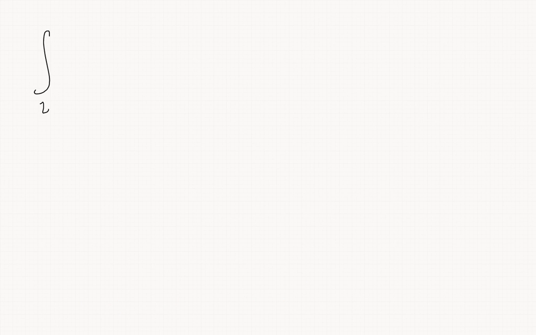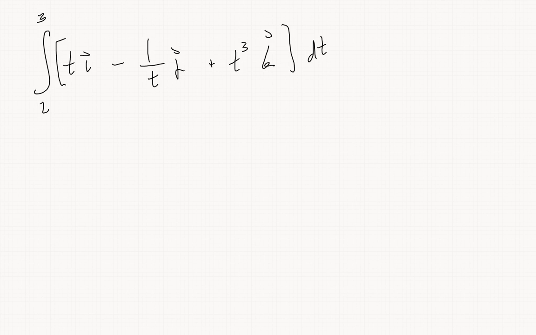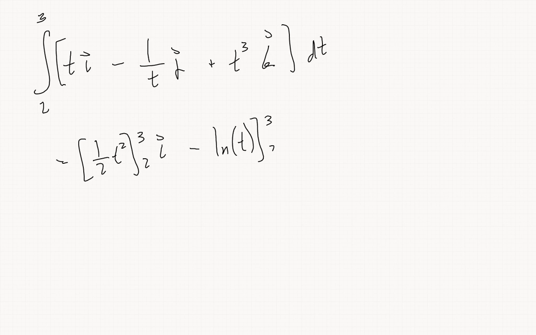Or here's another example. Let's take the integral from 2 to 3 of t i minus 1 over t j plus t cubed k dt. So this will be 1/2 t squared from 2 to 3 times i minus ln of t from 2 to 3 j plus 1/4 t to the 4 from 2 to 3 k.